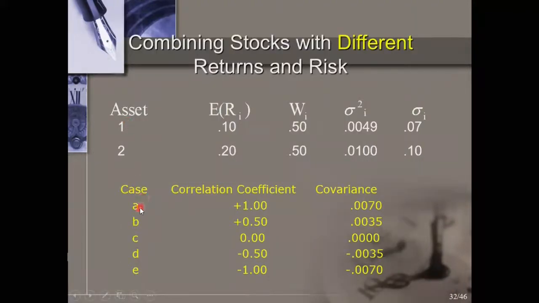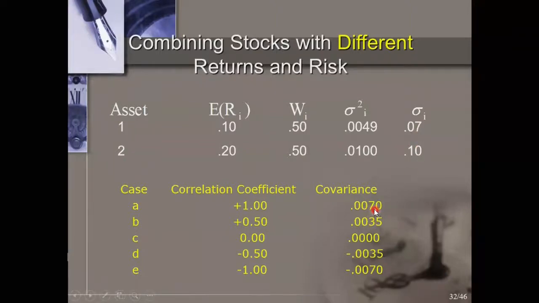For this purpose, we are taking the same cases A, B, C, D, and E, right? Covariances are calculated in the same manner: 0.007, 0.0035, and so on. These are calculated on the basis of standard deviation. The covariance is equal to correlation multiplied by standard deviation of 1 and standard deviation of 2.